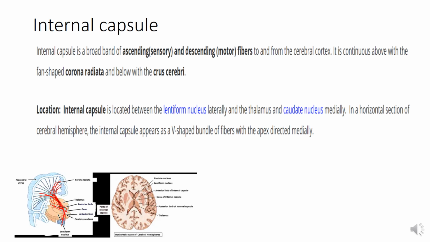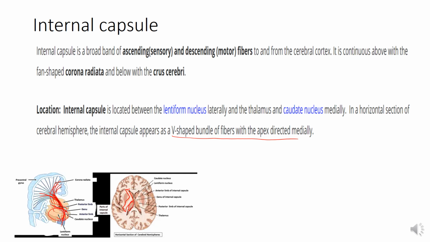This is known as internal capsule. So it is located between the lentiform nucleus and the thalamus and dorsal nucleus, the caudate nucleus medially. And in horizontal section of cerebral hemisphere, the internal capsule appears as a V-shaped bundle of fibers with apex directed medially. So you can see these are the V-shaped fibers.